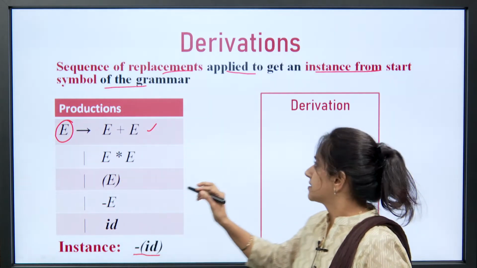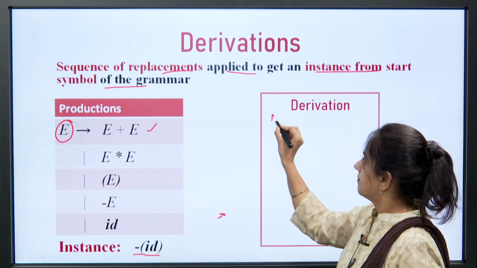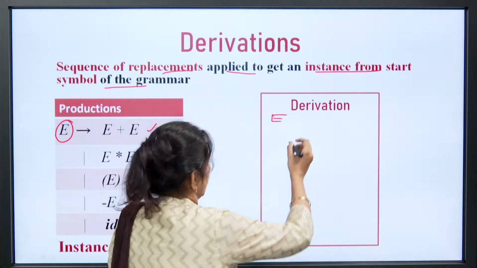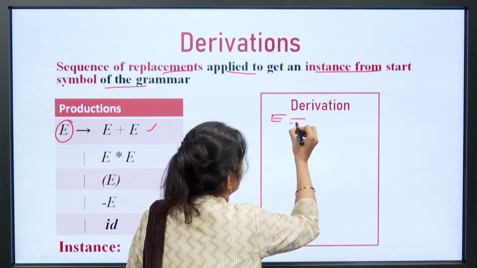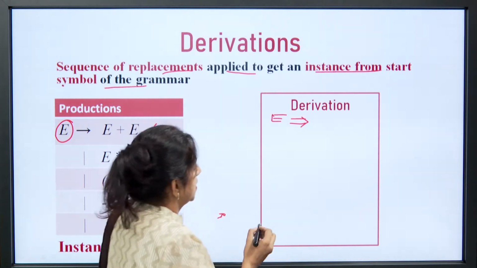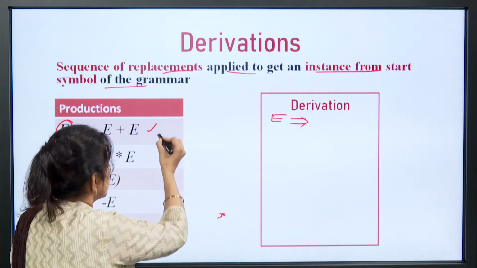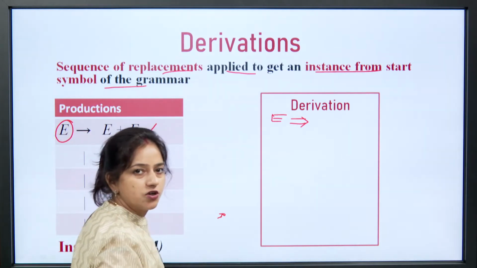So, we will start from the start symbol of the grammar, that is capital E. Now, we will apply the moves one by one. Here E derives, and to get this instance, which alternate should be used?